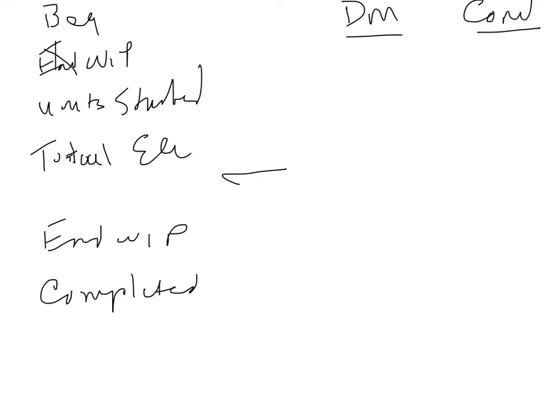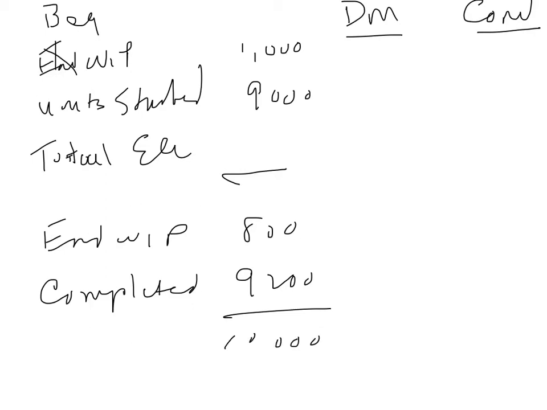So our beginning WIP is 1,000. Our units started is 9,000. Our ending WIP is 800, and our completed units is 9,200. Again, they have to equal. So we have 10,000 for accounted for and 10,000 accounted for.